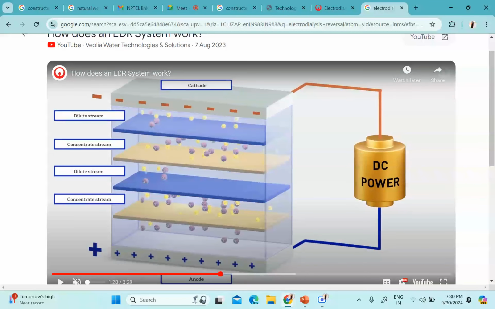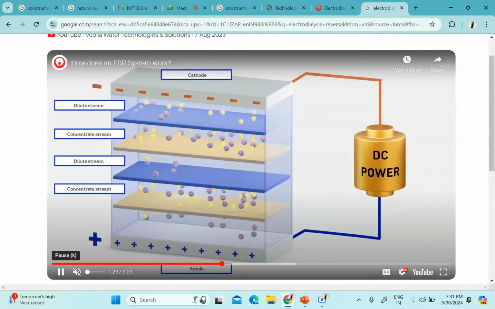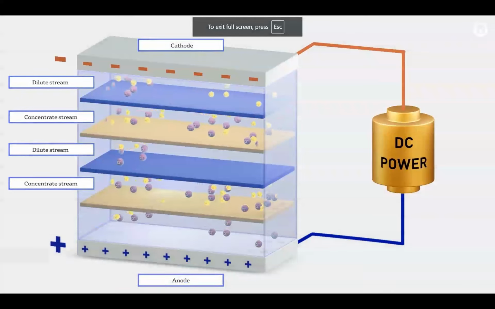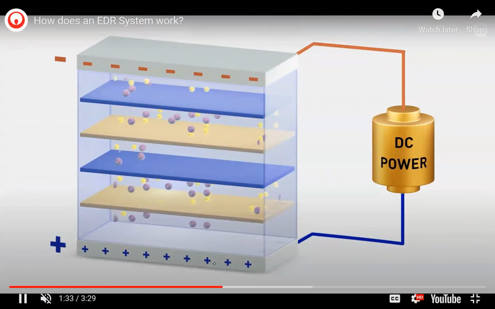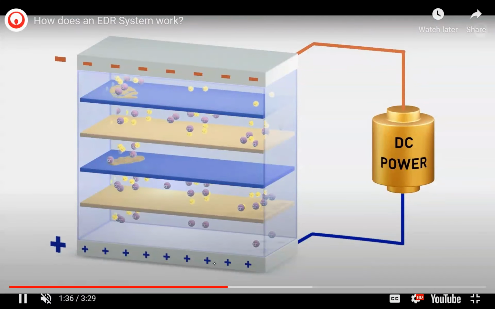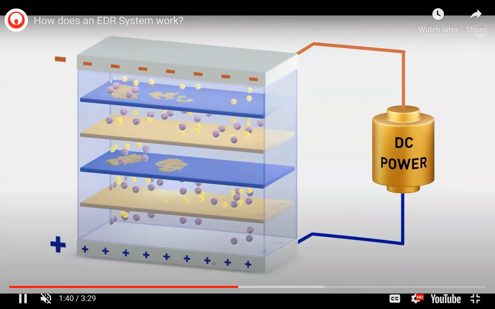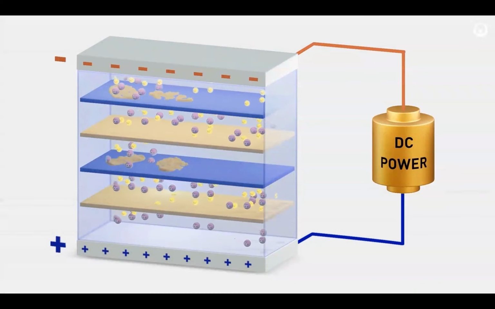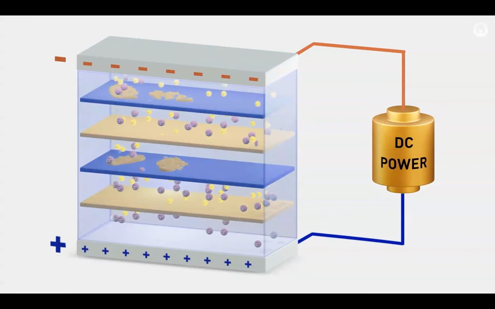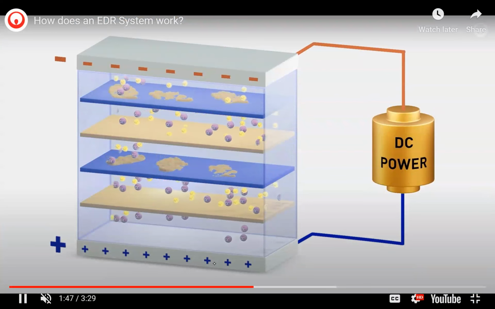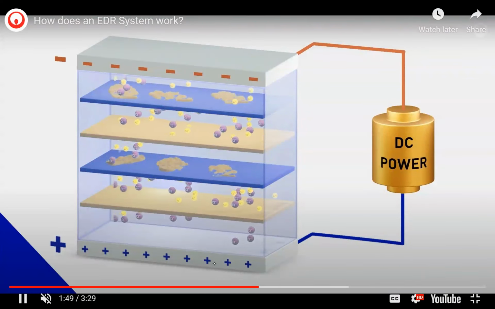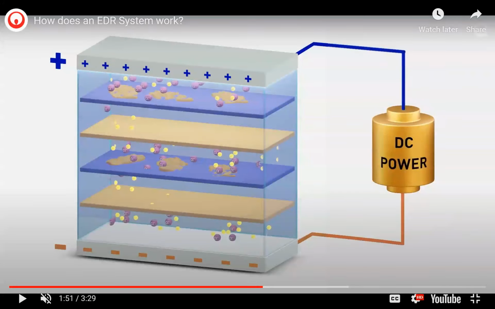Now here you can see how it is working. Yesterday, in the previous class also, I told you that in electrodialysis the anion exchange and cation exchange membranes are arranged alternately in a chamber. Then we provide the water and apply a DC supply at the two ends.